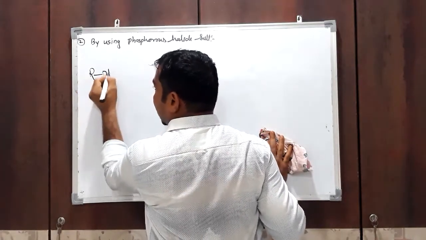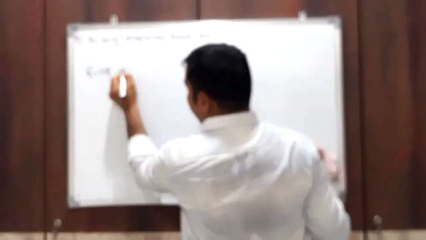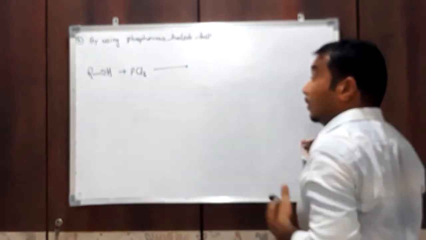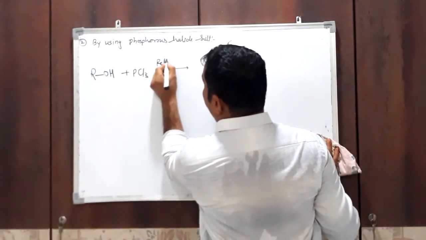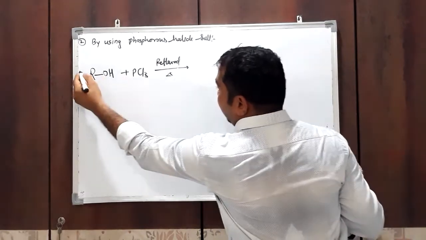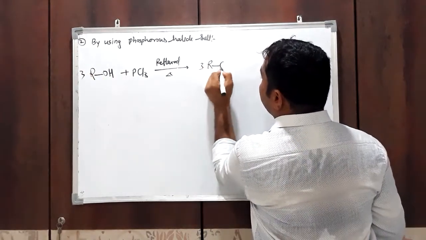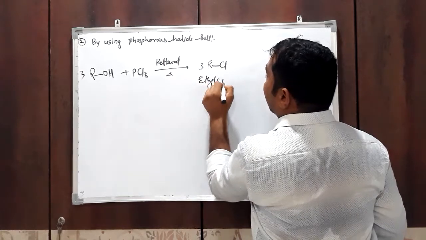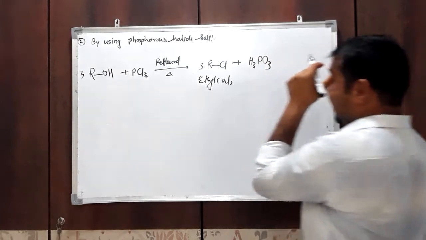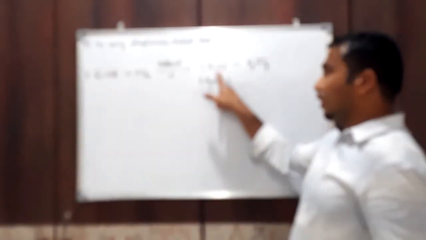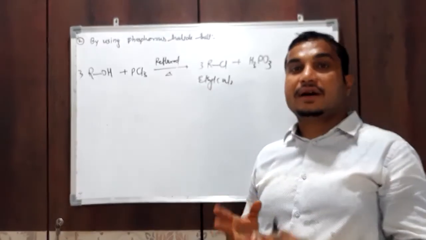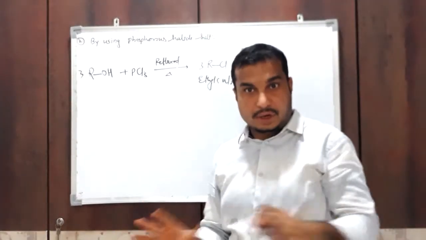The alcohol is treated with PCl3, then reflux means heat. 3 ROH gives 3 RCl, ethyl chloride, plus H3PO3 as a side product. Okay, ethyl chloride is obtained. If we use PCl5 or PCl3, you will get alkyl chloride, not alkyl bromide or iodide.